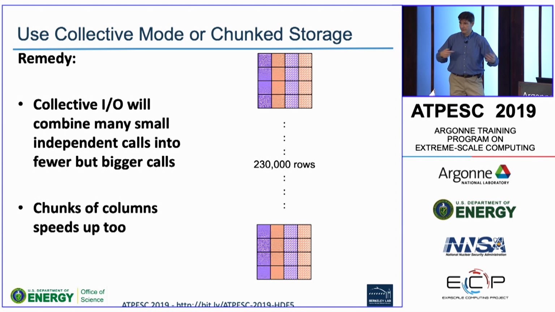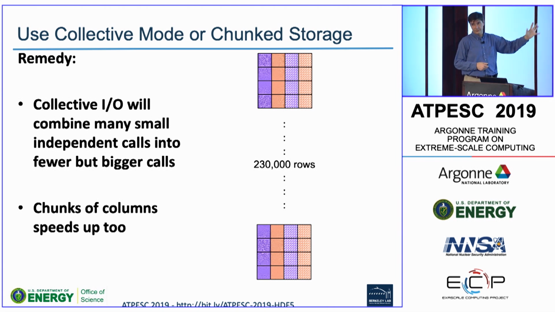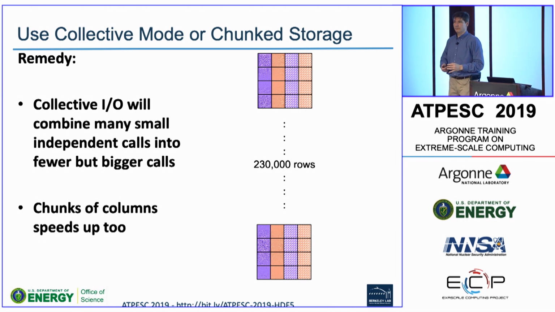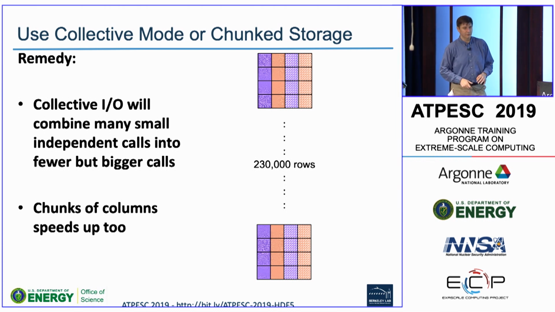So collective or chunked, depending on your scenario. Obviously, chunking will work in a serial program, and collective is only going to help you in a parallel one. But collective and chunked is just fine, too. You can do that.